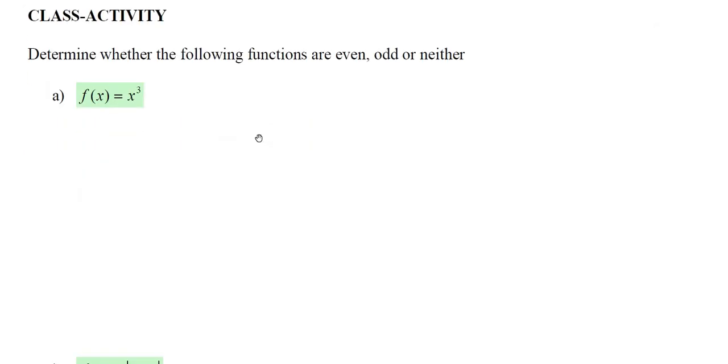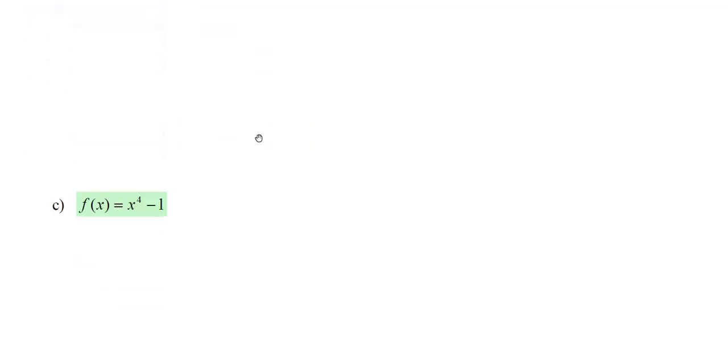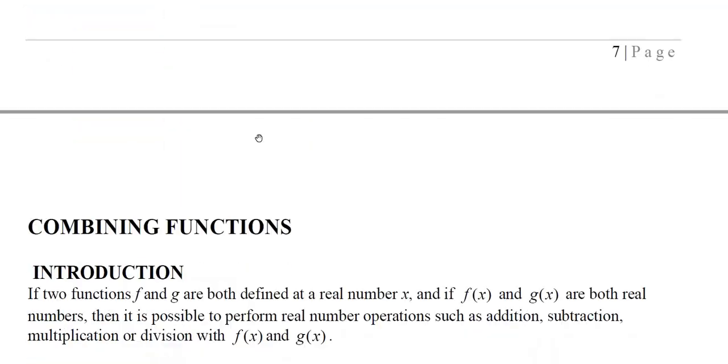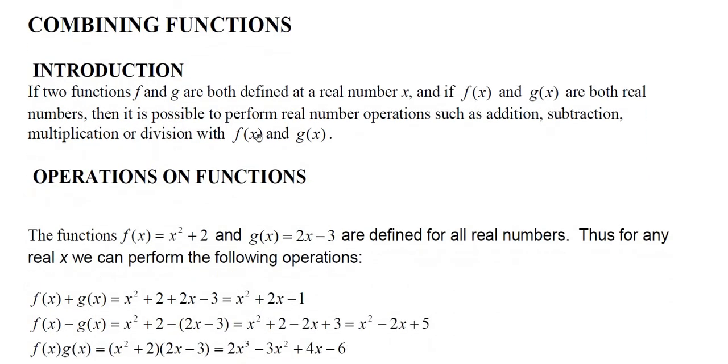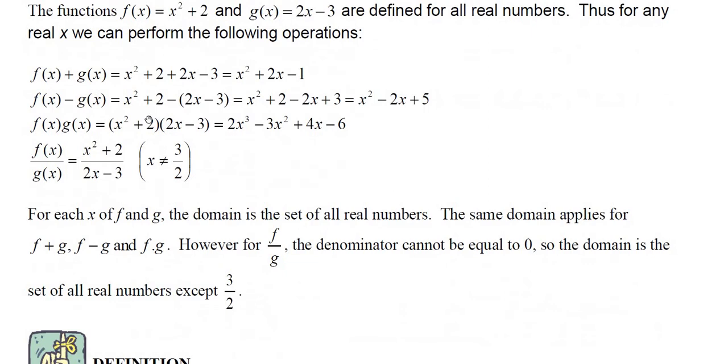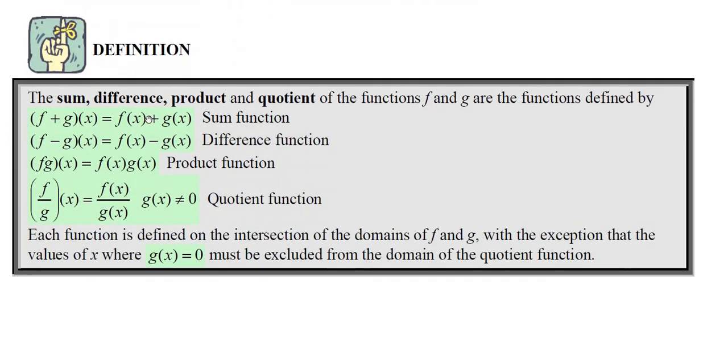Alright, I'm just paging through here so that you can see what is all in here. So combining functions we did last time, and we said when you're combining functions you are actually talking about adding them, subtracting them, multiplying them, and dividing them. And when you divide them, remember that the bottom one, the denominator, can then not be 0.